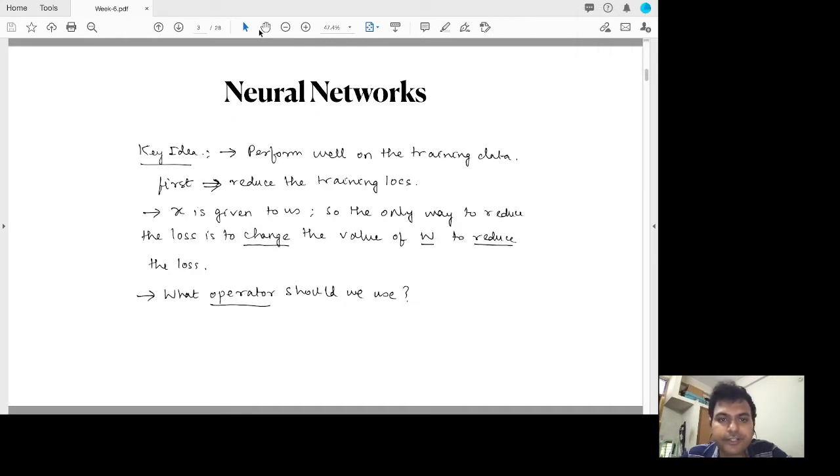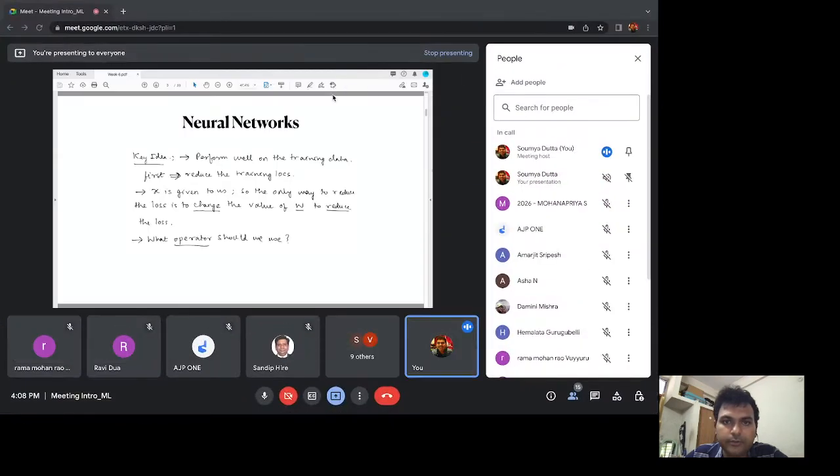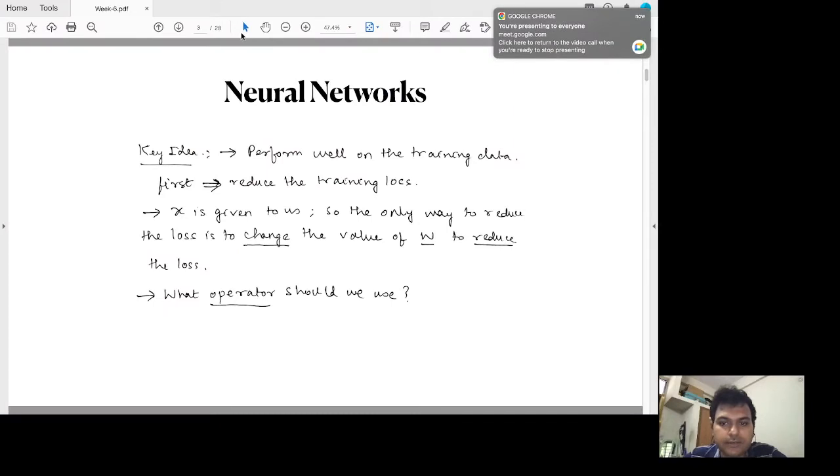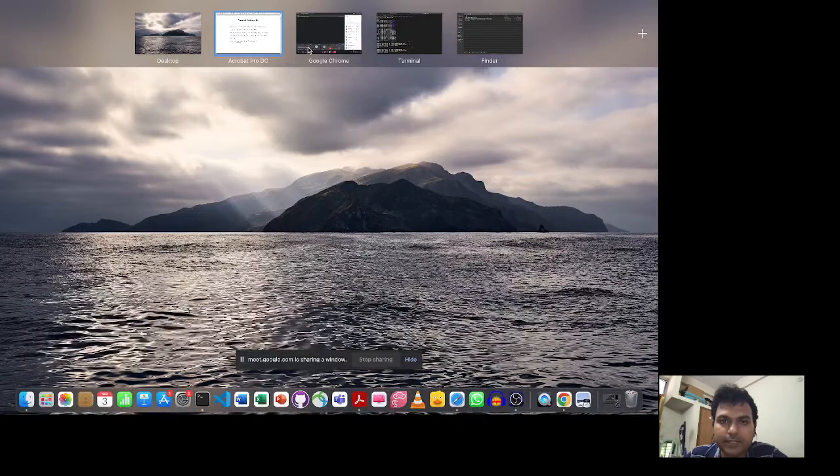So the first idea is to perform well on the training data, which means that we need to reduce the training loss, and X is given to us. X is something that we cannot change. So the only way to reduce the loss is to change the value of W, and therefore can somebody think of any operators that can help us in this particular case?